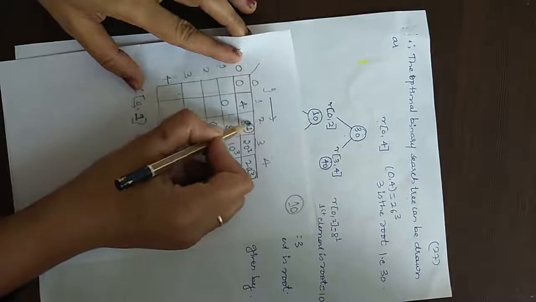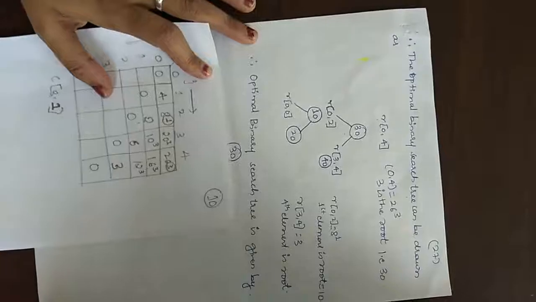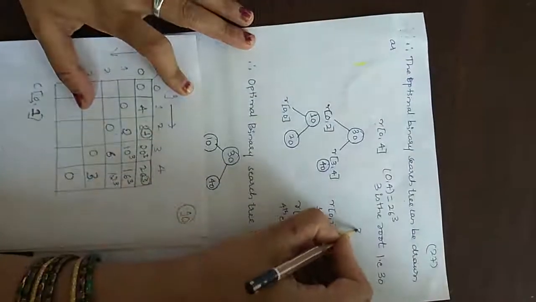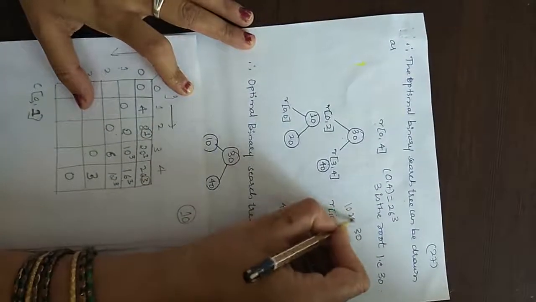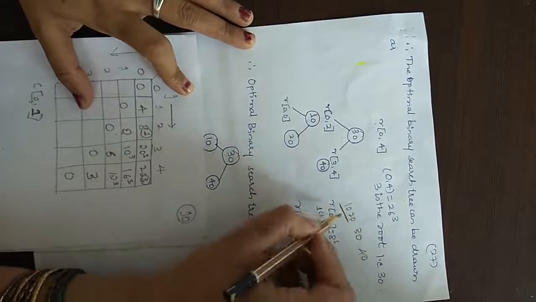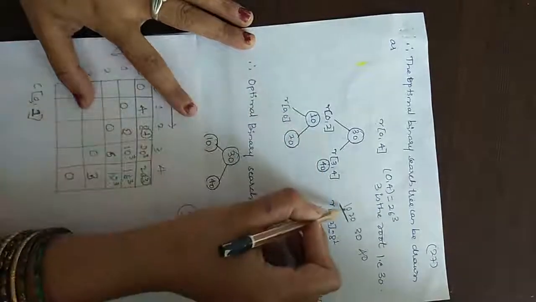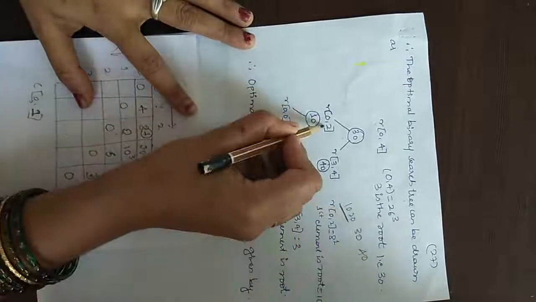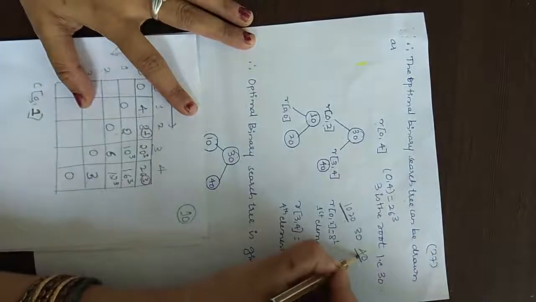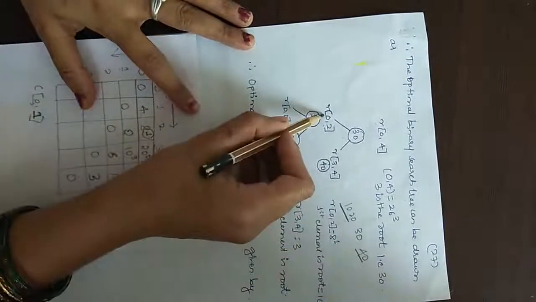Who is the root here? 1 is the root. So now 30 is over. Here we are having 10 and 20, and here 40. So 2 elements are remaining on the left side. How can I write these 2 elements? Neglect the 0 terms and consider the first 2 terms, so 0 comma 2. How can I write this 40? Neglect the third term and take the fourth term.